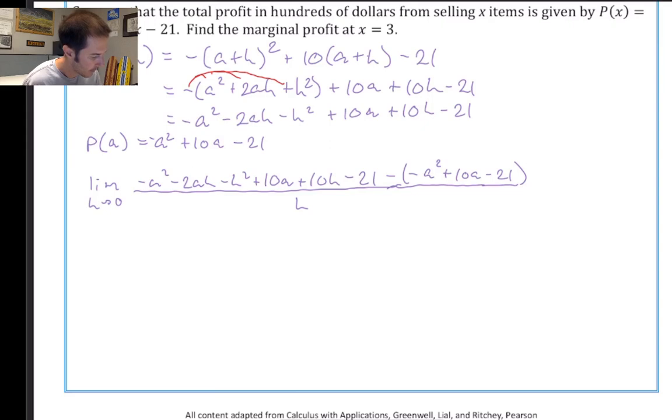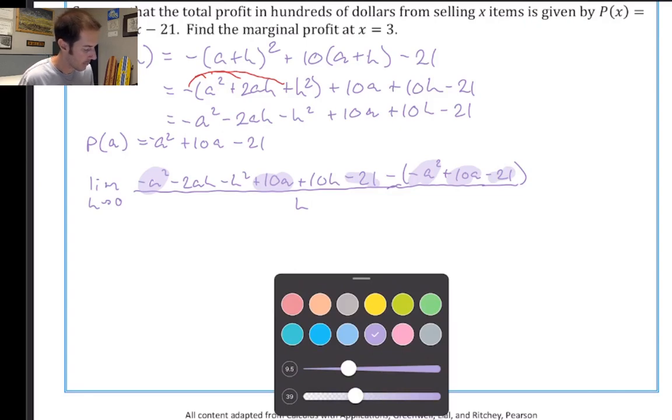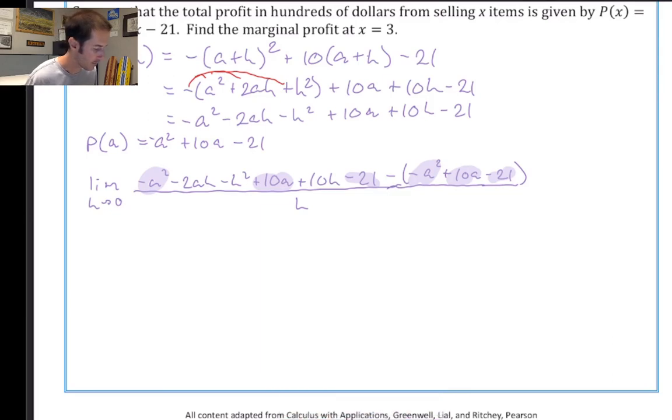So that negative a squared turns into a plus a squared, which will cancel out with this minus a squared. And we're subtracting a positive 10a, which will cancel out with this positive 10a. And we're subtracting a negative 21, which is like adding 21, which would cancel out this subtracting of 21. All right, we knocked out all three terms from the second part of our difference quotient with three terms from the earlier part of our difference quotient.